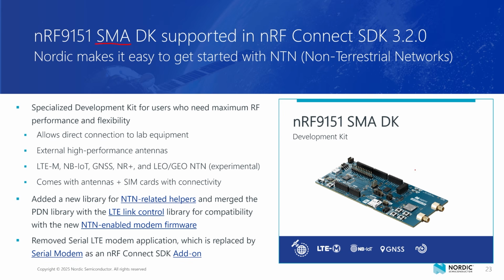So the main purpose of this kit is that we're sort of on our way to start enabling NTN. NTN stands for non-terrestrial networks. If this is an unfamiliar term, it means exactly what you think it means. It means that the nRF9151 will talk directly to satellites in orbit.